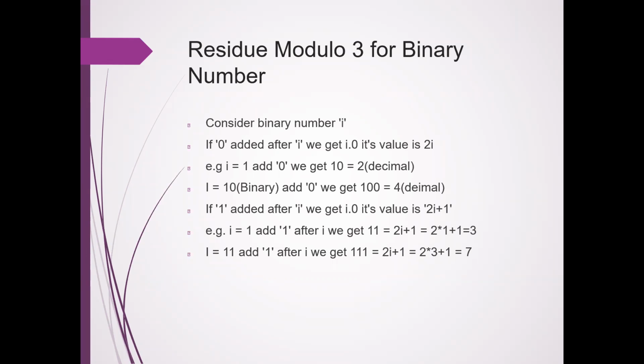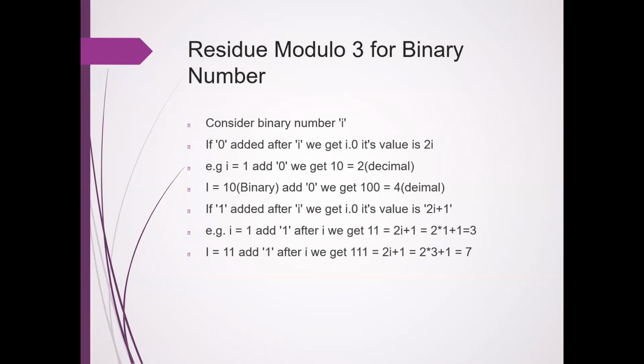So what will you do? From Q1, you will navigate to Q2 on input 0, right? Yes, ma'am. Now you are on Q1 again. You have checked the possibility with 0.